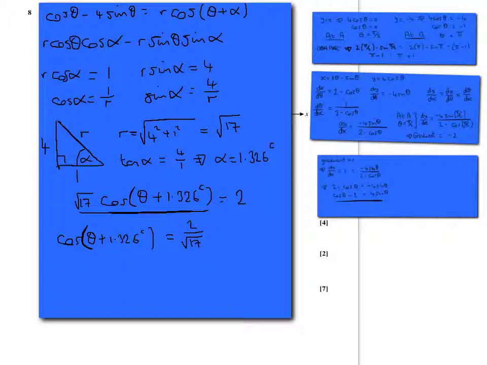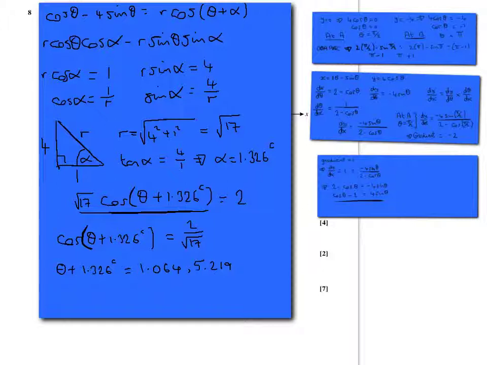Taking the inverse cosine of this leaves us with theta plus 1.326 radians being equal to 1.064 radians. Remember to have your calculator in radian mode. Then, to find the next one, 2 pi subtract 1.064 gives us 5.219.